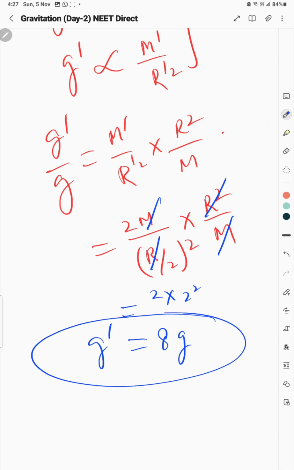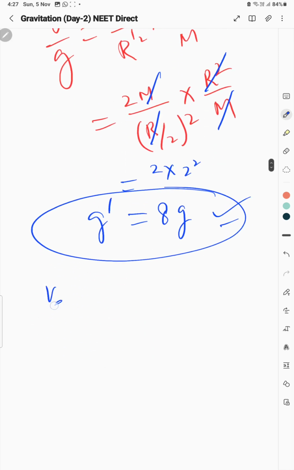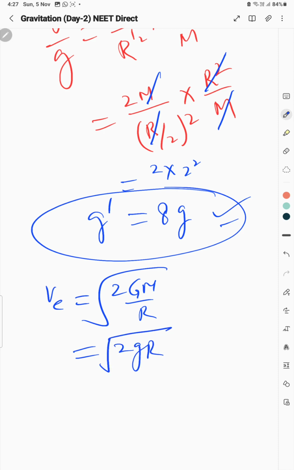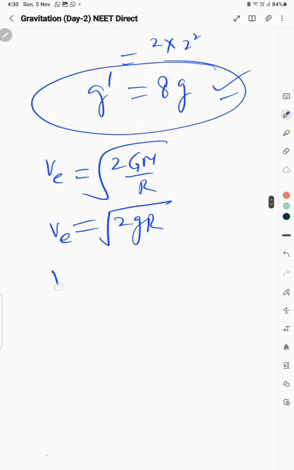Now this is a core expression. This will be used later in our calculation of escape velocity. As you know, escape velocity is given by this formula, but this can be condensed to this formula. All right. And similarly, we can write the formula for escape velocity in this situation as just mentioned.